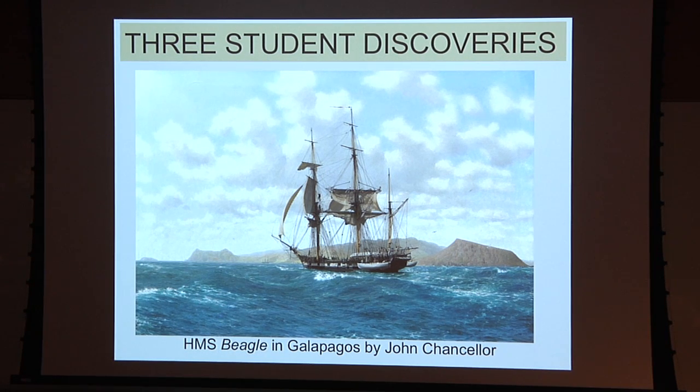You can do science by making a hypothesis and then testing that hypothesis, or you can get on a ship and go somewhere or go to the bottom of the ocean and see what you find. So these are more in the voyages of discovery category, but in each case the students found things that no one knew were true or no one knew existed.